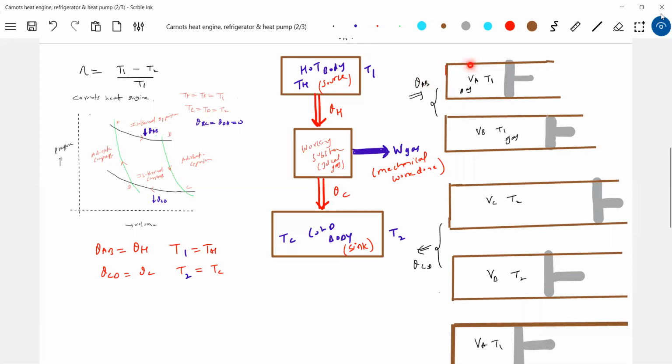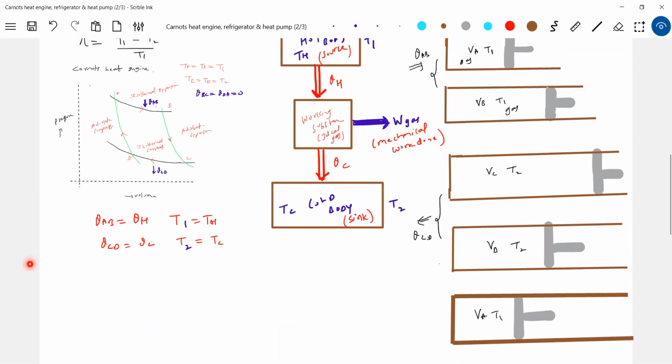Not on this cylinder, piston, or this gas. It depends on the source and sink, the external agents. By varying the temperatures of the source and sink, I can control the efficiency. These are not in degrees Celsius, they are in Kelvin. So therefore now the efficiency.